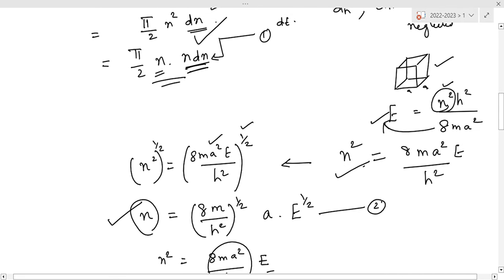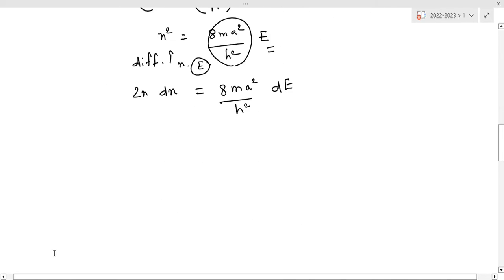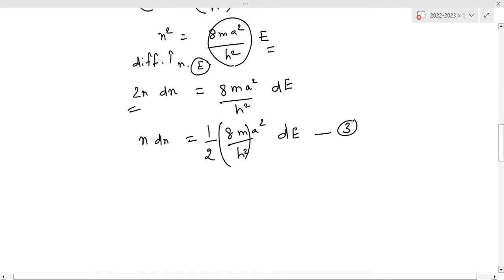But in the formula, we have n dn only. Therefore, we are going for n dn is equal to 8ma square by h square, this 2 is taken on this side and then with dE. Let this be equation number 3.